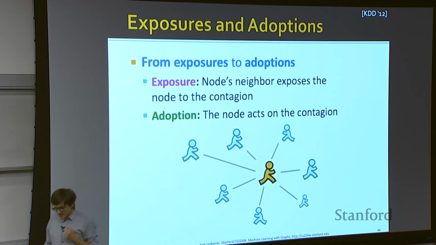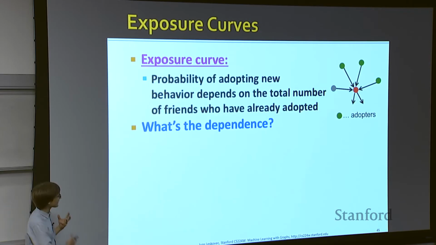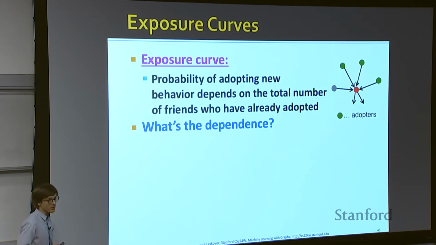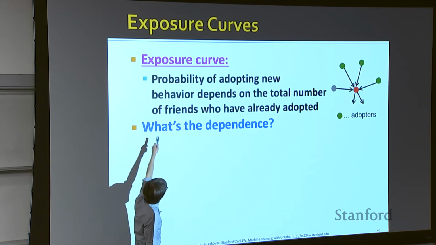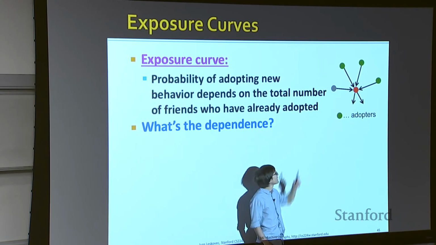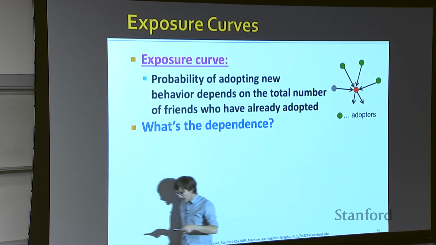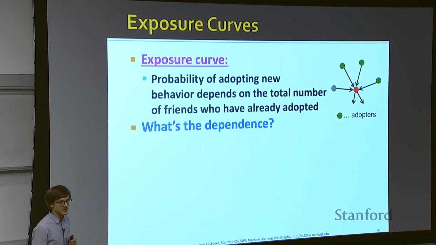And now what is interesting is that we can start asking about, we can plot out the exposure curve, which is the probability of adopting new behavior as a function of the total number of friends who have already adopted the behavior, right? Or, you know, probability of you adopting as a function of number of exposures that you have received.